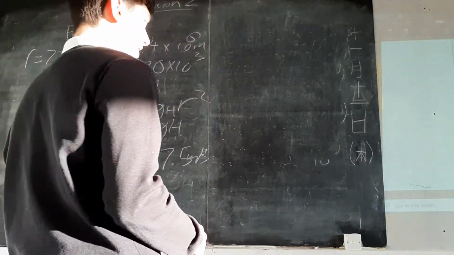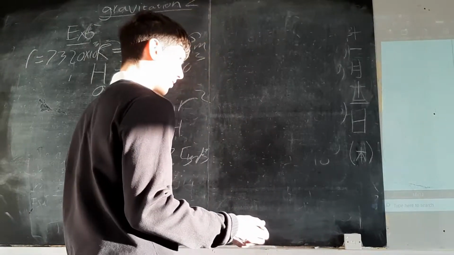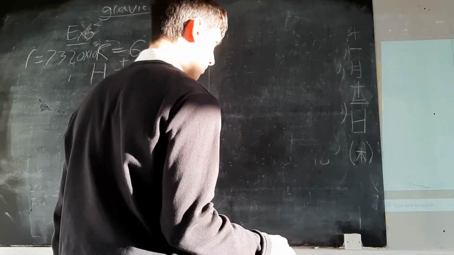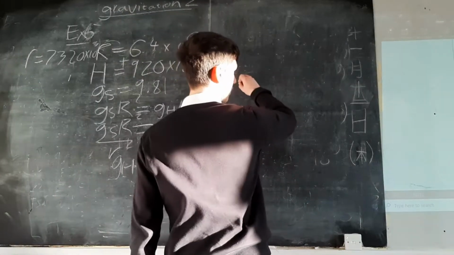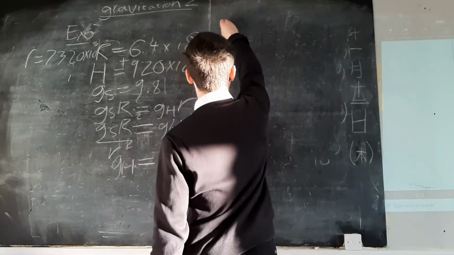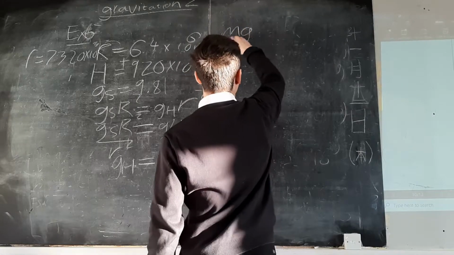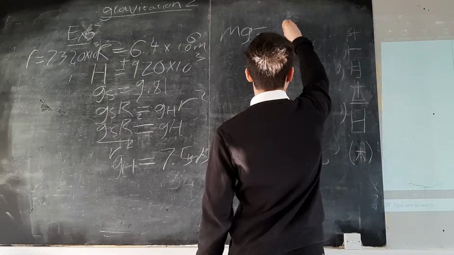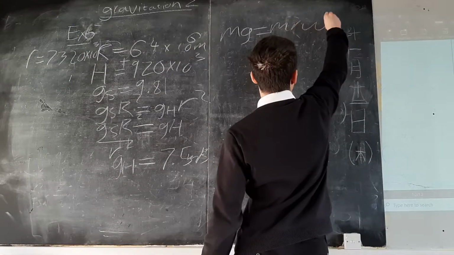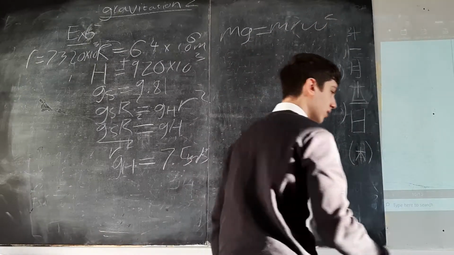We're actually finding the angular speed as well. So, mg equals mRw squared, which they both equal F, so just equating them. R omega squared. This is tiny now.